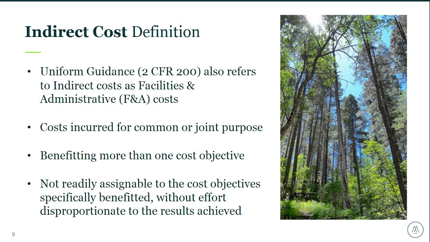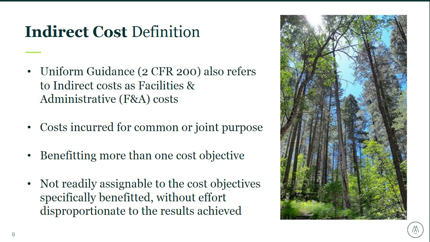And really it just boils down to costs that are incurred for a common or joint purpose that benefit more than one cost objective. And a cost objective could be multiple grants, it could be multiple departments; cost objectives can be pretty broadly defined.